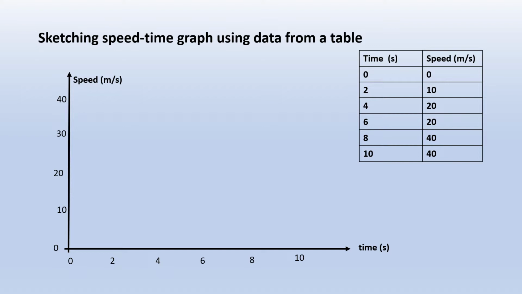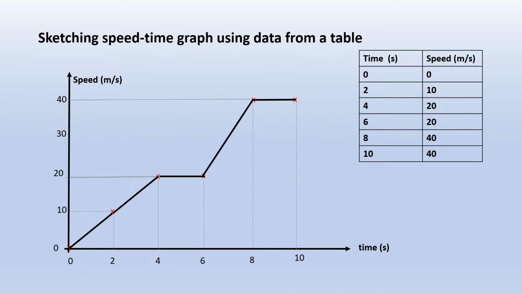Now we represent each pair of time and speed values on the graph with a cross. After that, we draw a line that connects one cross to the next cross as shown here. This is done for all crosses. Finally, we have our speed-time graph.